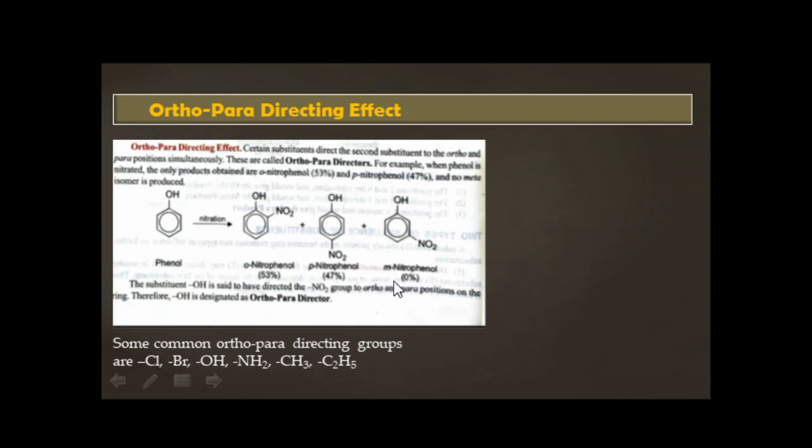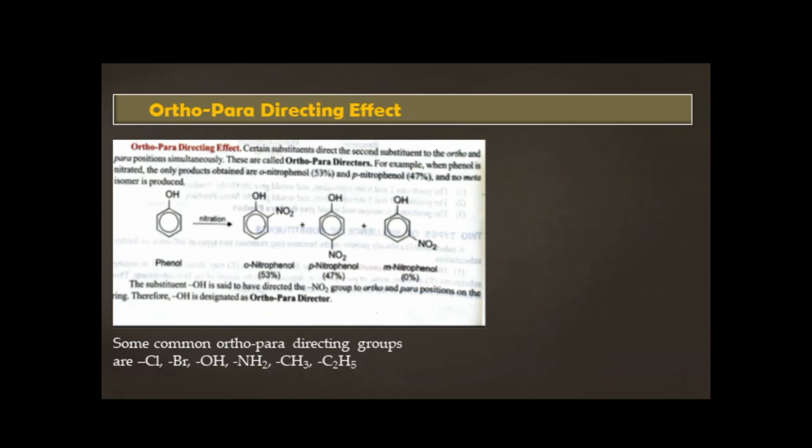The meta product is 0%, not formed at all. So the first substituent, the hydroxyl group, directs the incoming electrophile of nitration, NO2 plus, to the ortho and para positions. We get ortho-nitrophenol and para-nitrophenol. The meta-nitro product is not formed at all. So we can say the hydroxyl group is an ortho-para director.